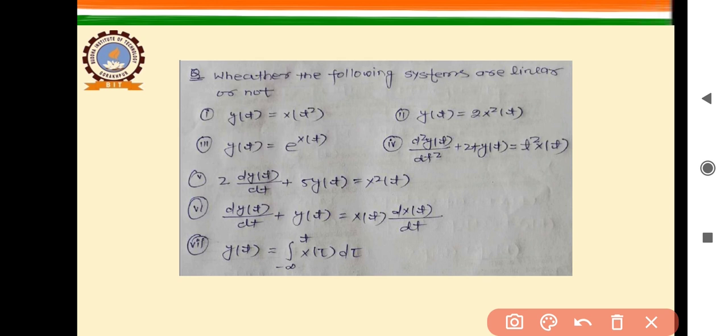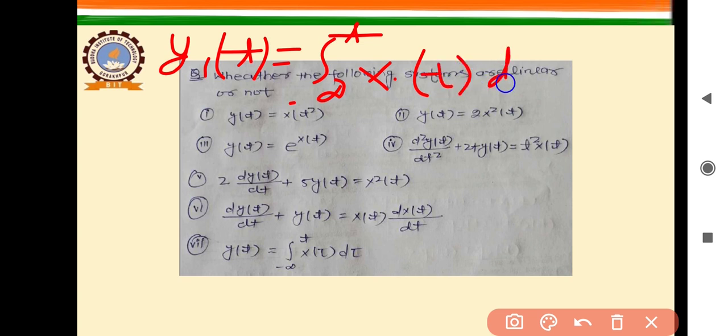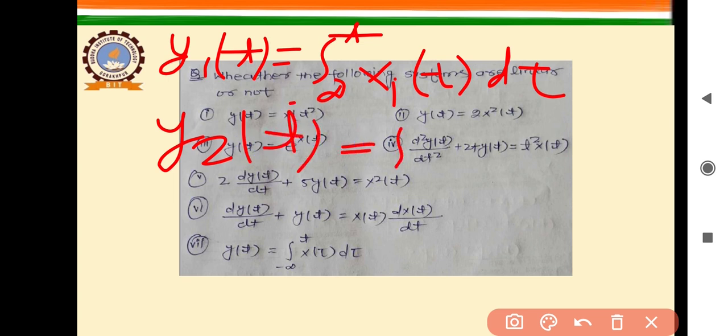Last one is, I will replace y1 t is equal to integration from minus infinity to t of x1 tau d tau, and y2 t is equal to integration from minus infinity to t of x2 tau d tau.